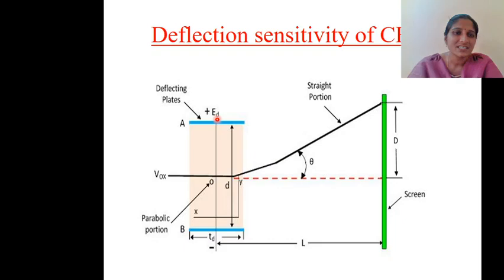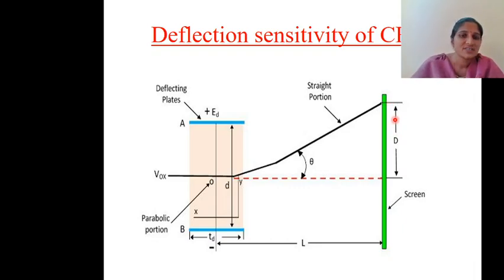Whatever voltage you are applying, that voltage will be displayed on the screen you are observing. If it is 5 volts, then the amplitude will be 5 volts. If 10 volts is applied, then the amplitude will be more. So based on the increase of the E_d value, the deflection will automatically increase.